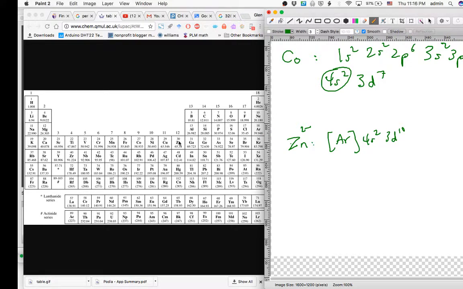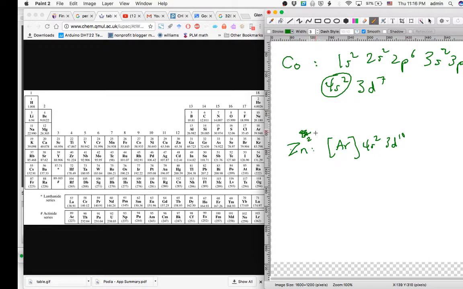After 3d10, it's the 4p, so it's going to be 4p2. What about zinc 2+? Can you figure that out? That's right. You just get rid of these 2 electrons right here because they are on the highest shell. That is how to do this.